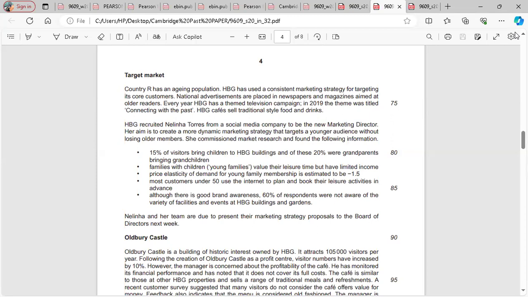If it gives access to those that are disabled, that means it's taking care of the society. That is socially responsible. What can that bring? It increases the cost because HBG would need to care for those things without people paying for them. Those disabled people are not paying, but that could increase the reputation of HBG.